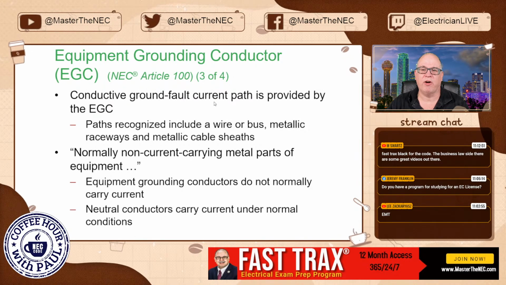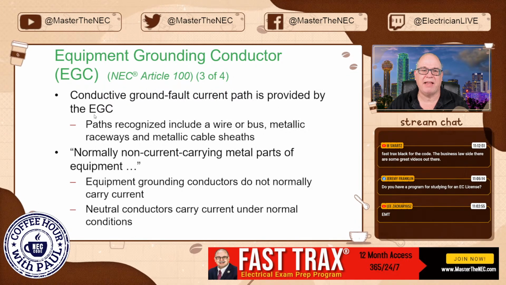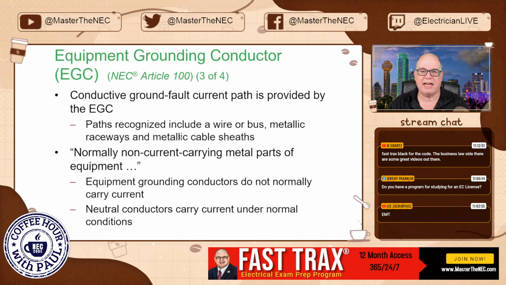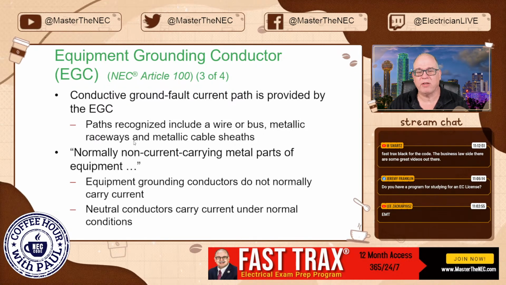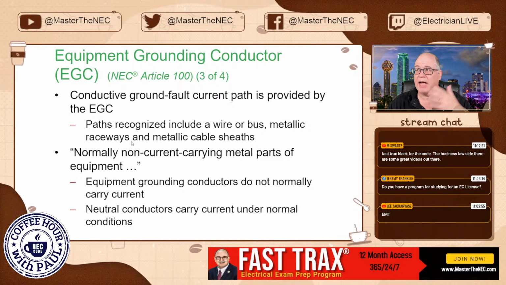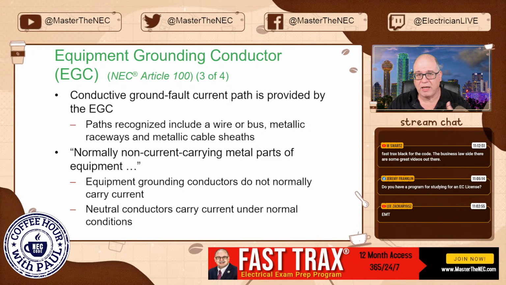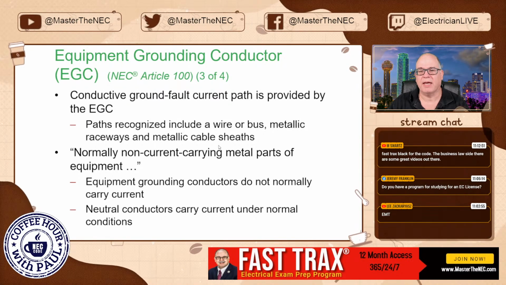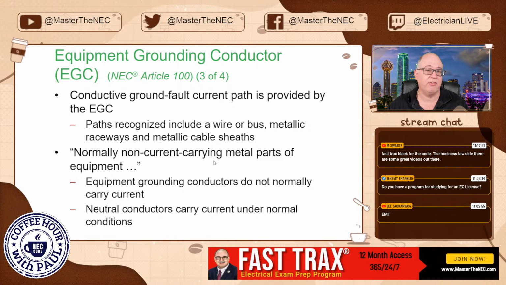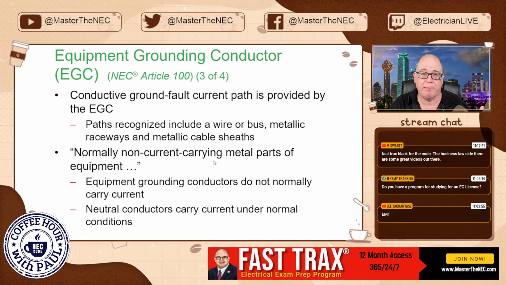The conductive ground fault current path is provided by the equipment grounding conductor. Paths recognized include wire or bus, and metallic raceways, some types like IMC, RMC, EMT, those types of things. They do provide it. And the metal sheathing is the case with AC cable, for example.